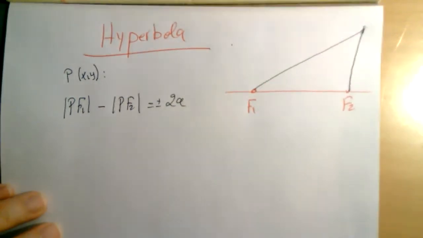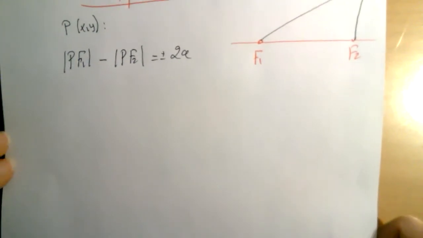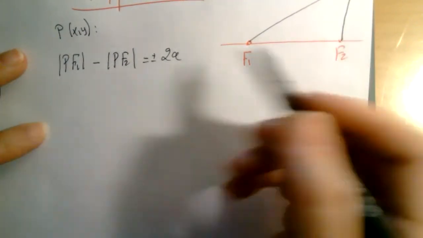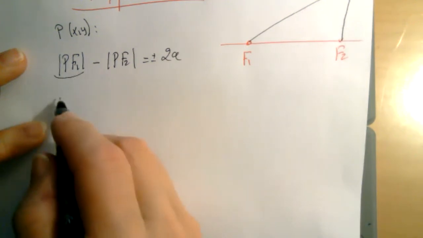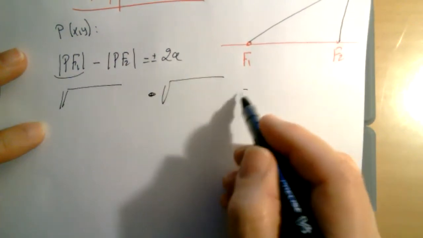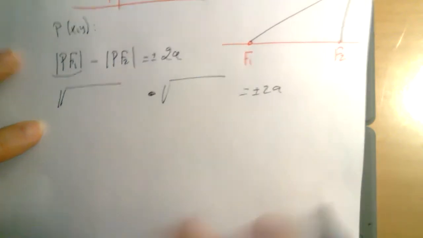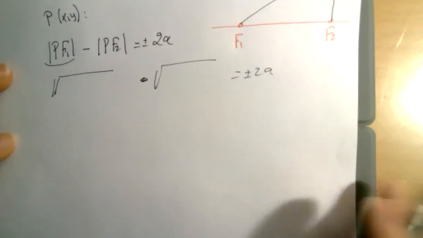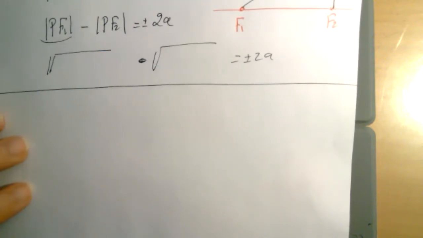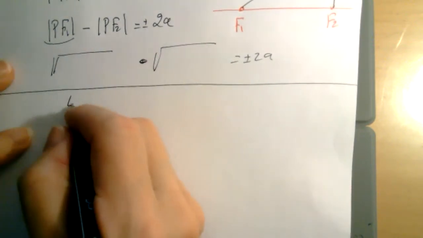So in this part for hyperbola, I actually want to work more with the equation. And the equation is really obtained by doing exactly algebraic manipulation. So we replace this by the square root minus the square root, and we simplify algebraically, and we get to the following equation that I want actually to work with. So the equation will become the following.